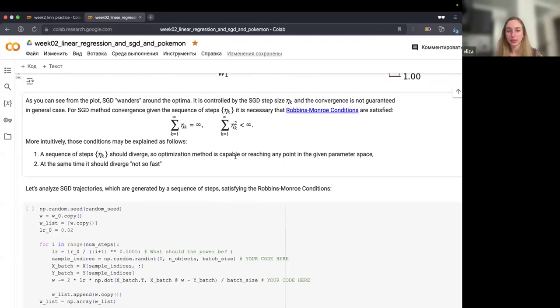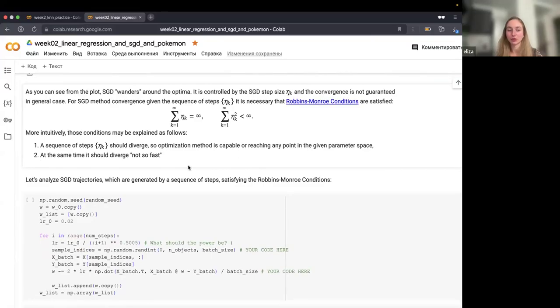It's really important. At the same time, it should diverge, but not so fast. You need to define the step size to converge to the minimal point of your function.